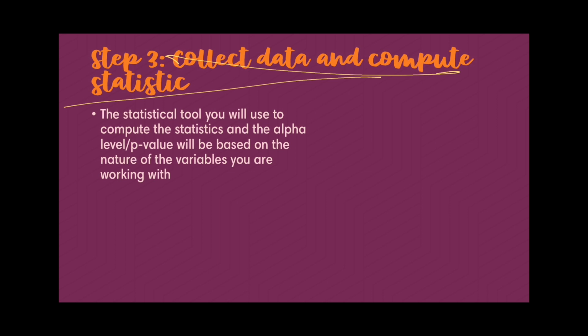Or if my variable A is a continuous variable, like household size, and our outcome variable is, let's say, monthly savings of the household in pesos, so that's another continuous variable. In order for us to test the relationship between these two variables, the test that we will use would be different from the first example. And that would be what we will be discussing in the next video lectures.